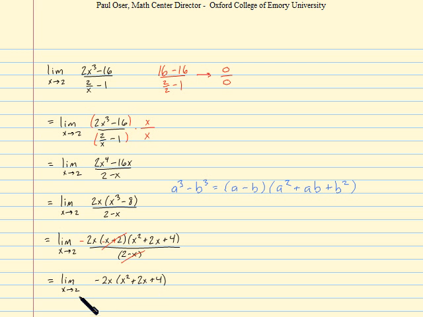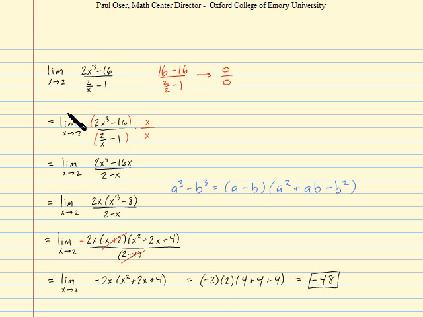Limits of continuous functions can be evaluated just by plugging in the corresponding x value. So that's what we do next. Plug in 2. So we have negative 2 times 2 squared, or 4, plus 2 times 2, or another 4, plus a final 4. Multiply all that out, and we have negative 48.